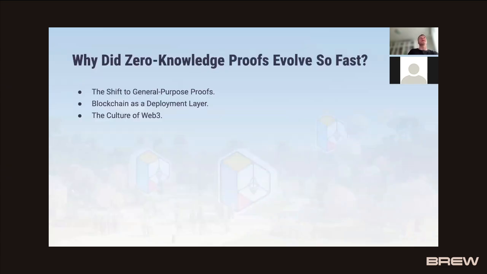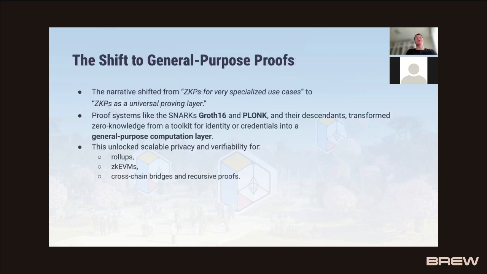So why did zero knowledge proofs evolve so fast? I think there are three main points. One is the shift to general purpose proofs, then having blockchain as a deployment layer, and the culture of Web3. Looking at each of these points in more detail, first the shift to general purpose proofs.